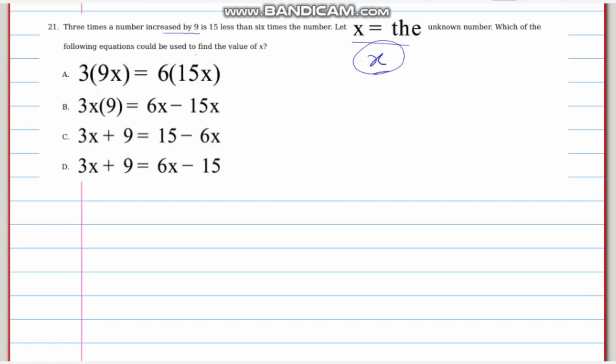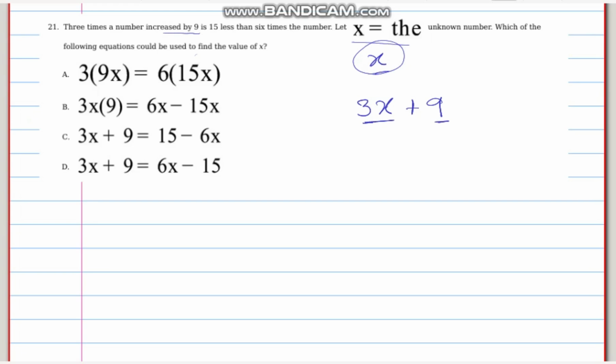Now, 3 times a number increased by 9. Basically, 3 times the number is 3x, and plus 9, I increase it by 9. X is any number, I multiplied it 3 times and increased it by 9.